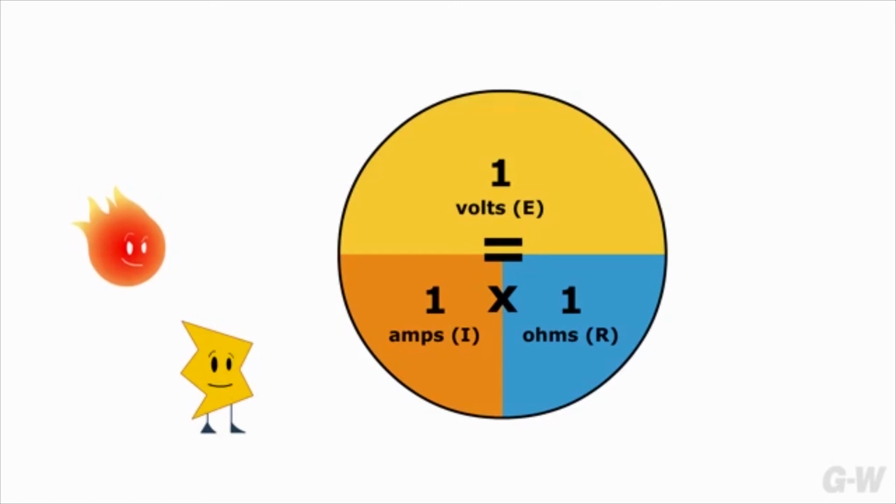Algebra allows formulas to be realigned depending on which value needs to be determined. So E equals I times R can also be written as R equals E divided by I. If 2 values are known, such as voltage and amperage, the third value, in this case resistance, can be calculated.